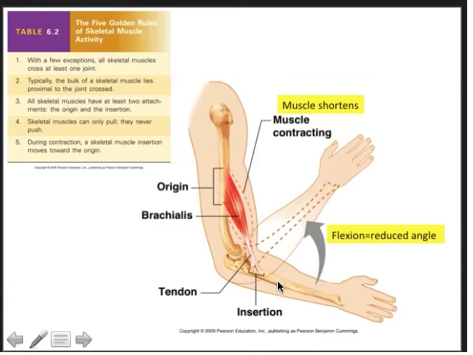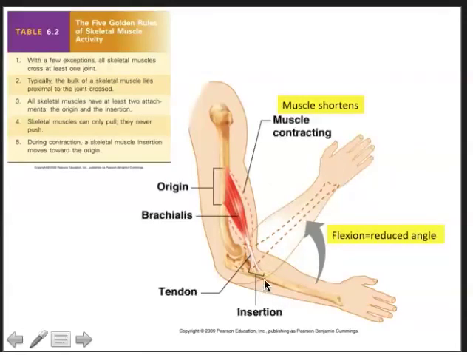This is a tuberosity that lies on the lateral surface of the ulna. This is the part of the joint that's going to move when the action is performed. So when the brachialis contracts, it causes the angle between the radius and ulna and the humerus to shorten, and this is what we call flexion.